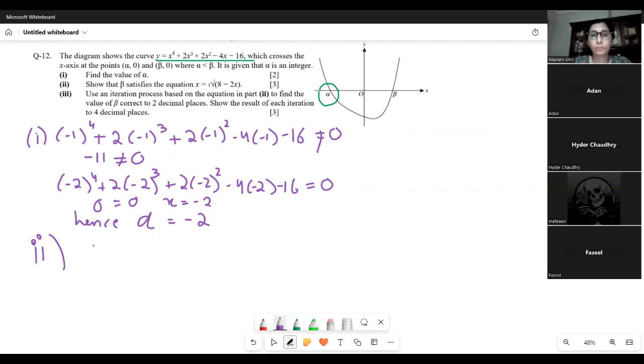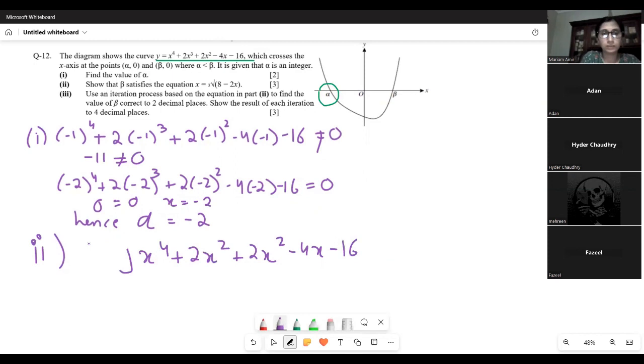Okay, so we divide x power 4, 2x cubed plus 2x square minus 4x minus 16 with x plus 2. X plus 2 is going to be a factor. If x equals to minus 2 is a root, that means x plus 2 is a factor.